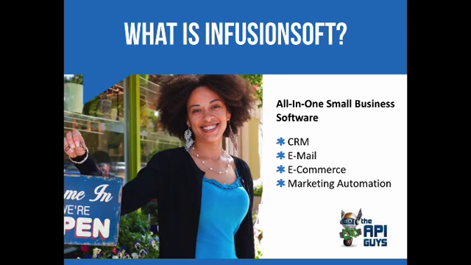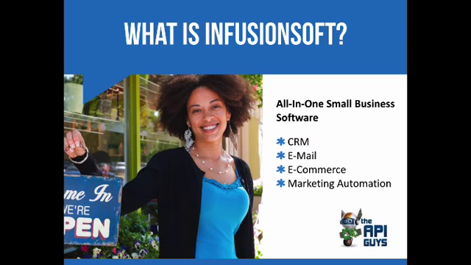So that piece of Infusionsoft competes with things like Zoho and Salesforce and some other CRMs like that. They have an email platform. So that piece takes the place of things like obviously MailChimp or Constant Contact, things like that.